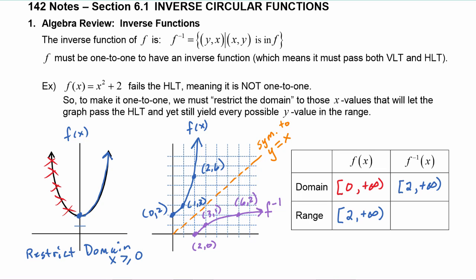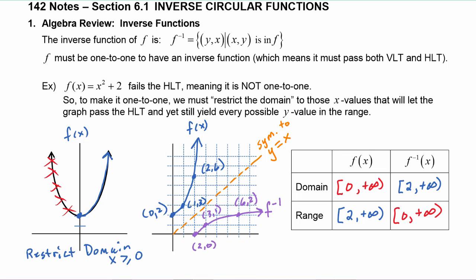And the range for f inverse, the smallest y value is here at 0, and then it goes up from there. All these y values get bigger, so the range would start here at 0 and go up. So it goes from 0 to infinity.